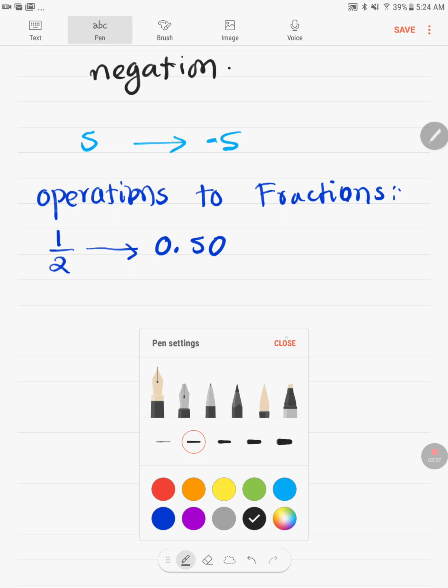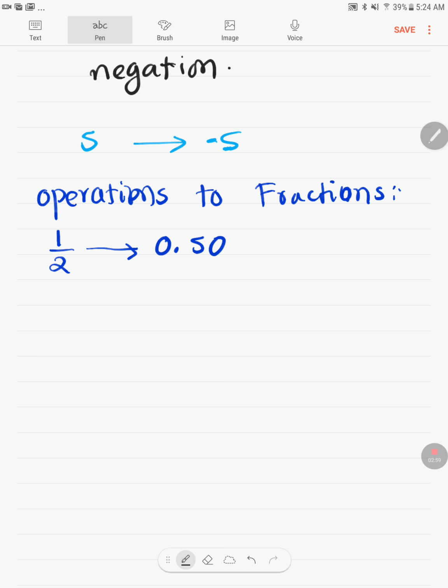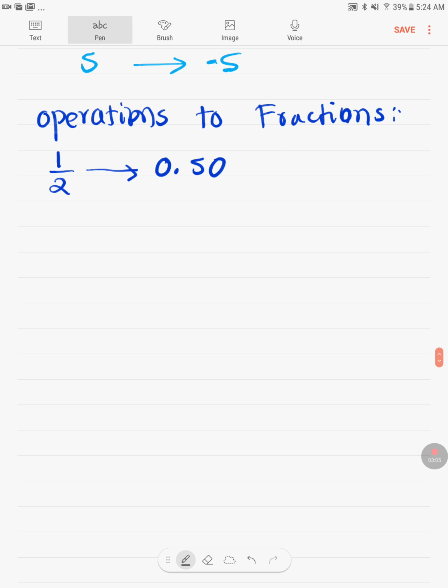Now, fractions evolved in mathematics because of need. For example, if we have $1,000 and we want to divide it between 10 people, how much does each one get?